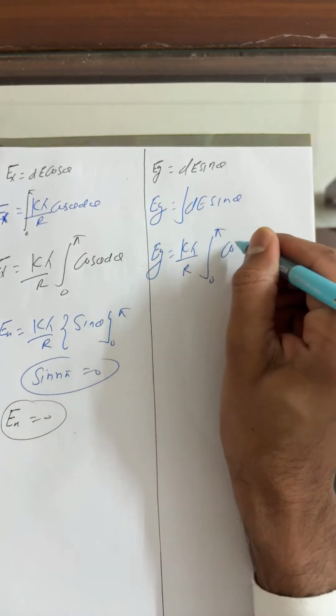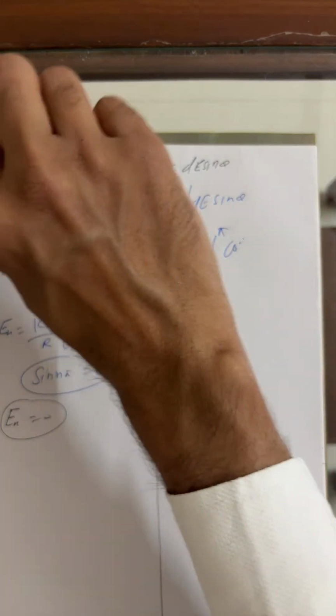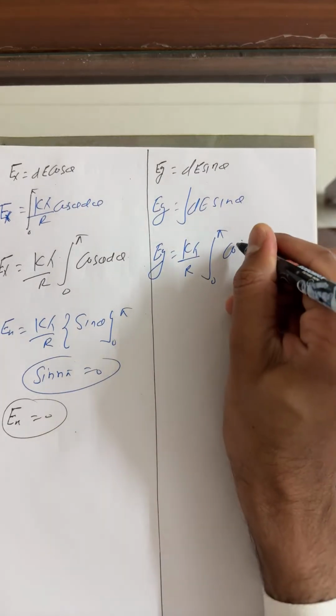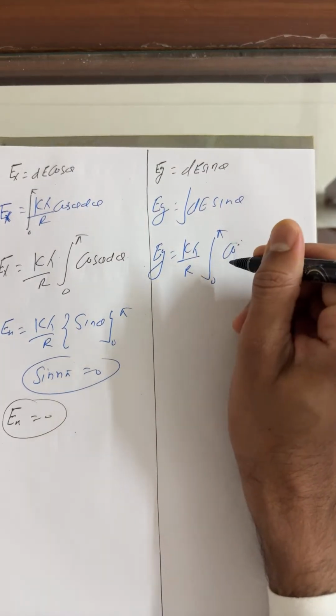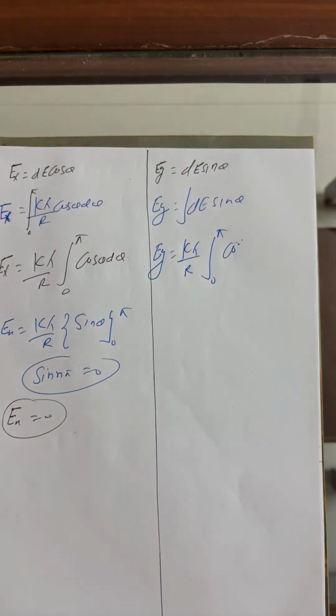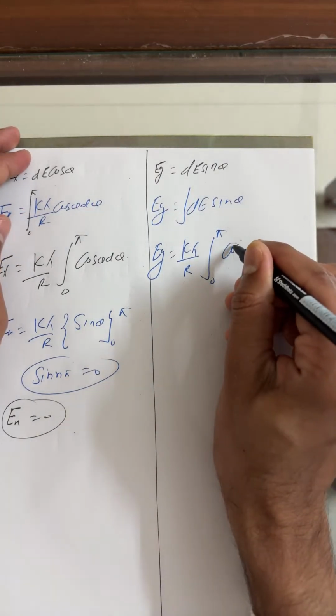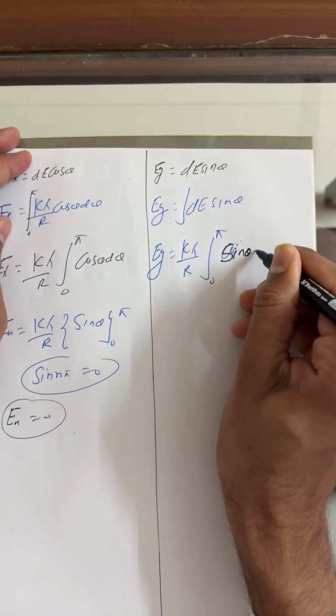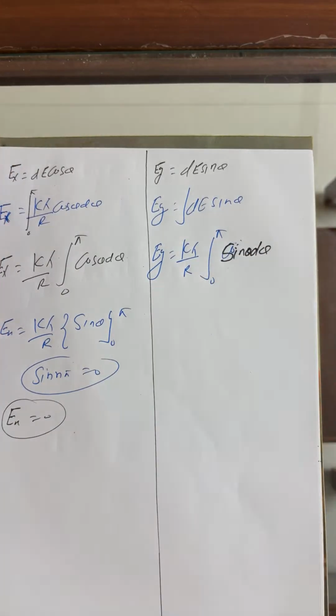This is sin here, don't write cos. This is sin theta d theta.